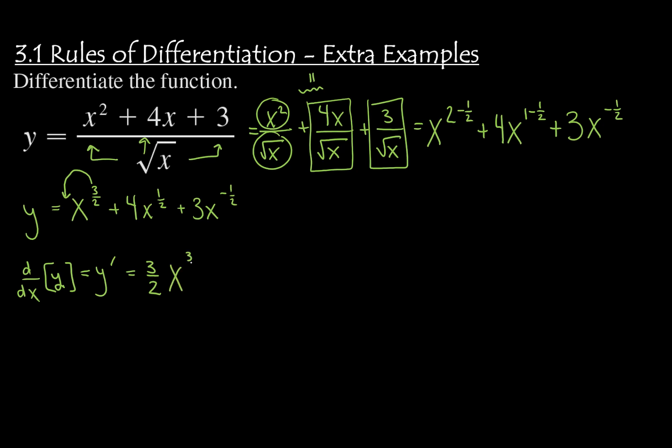And then I'm going to reduce that power by 1. Reducing it by 1 is 2/2. Then I'm going to do the next term. I'm going to take the 1/2 and multiply that by the 4. So that gives me 4/2. And then for my x, I'm going to reduce that power by 1. So I'm going to reduce it by 2/2.